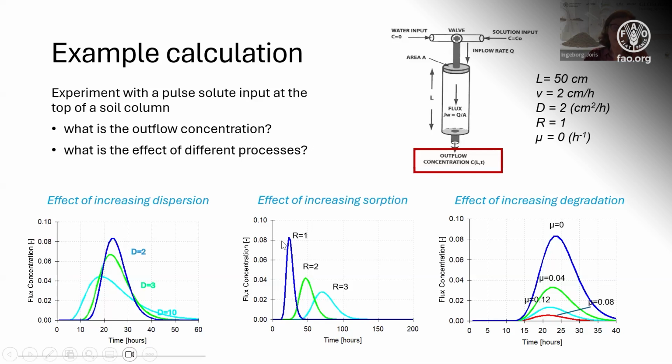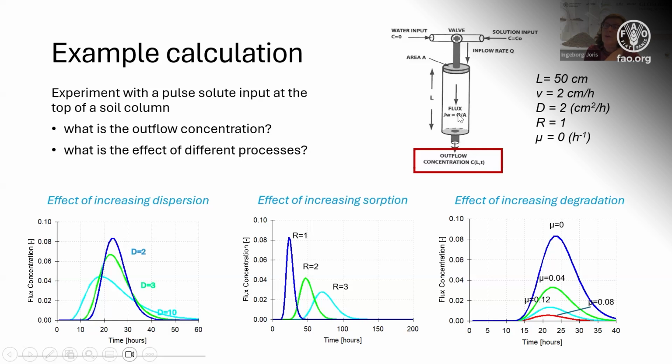If our solute does sorb to the soil, and we increase the retardation to 2 or 3, this has a very strong effect on the maximum concentration you will find, and also on the amount of solute that you will find at the bottom of the column. Sorption causes the solute to stick to the soil, so you will find less in the water below. Lower maximum concentrations and just less solute.